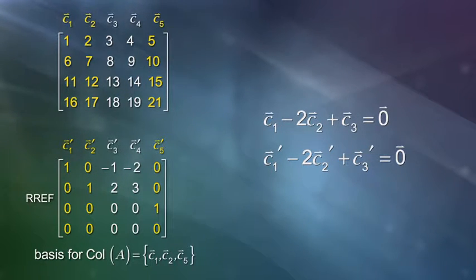Thus, we see how to find a basis for a column space of a matrix. And the nice thing about it is, this method produces a basis consisting of vectors from the original spanning set. It just potentially throws away some columns that weren't necessary. In this case, C3 and C4 could be thrown away.